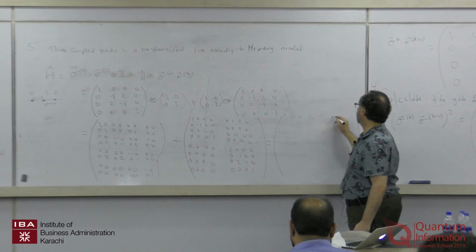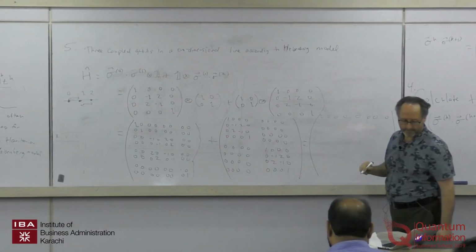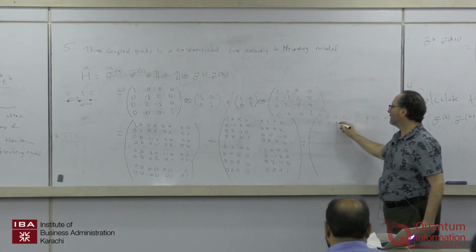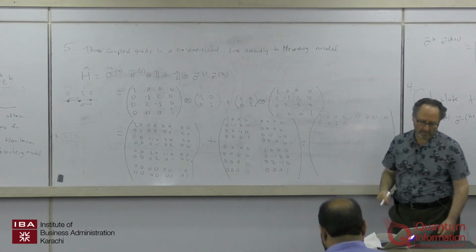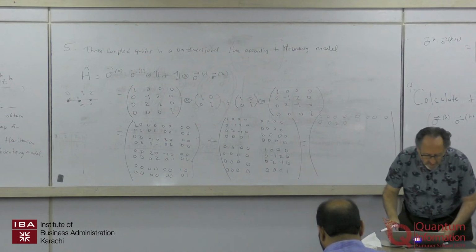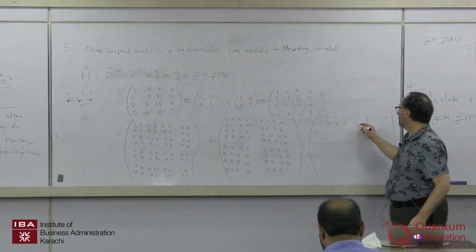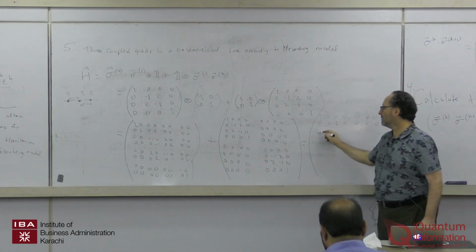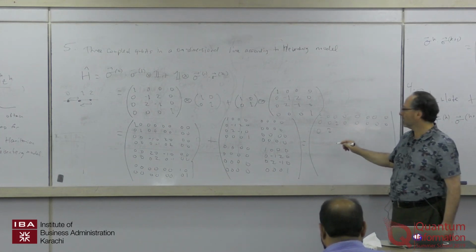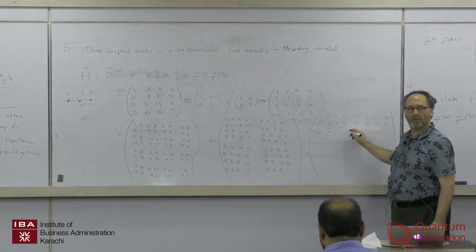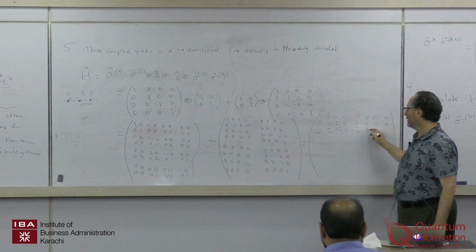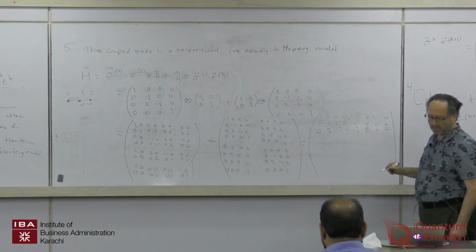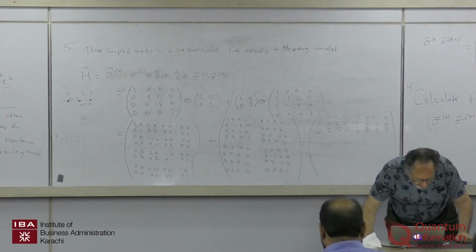Then 0, 0, 2, 0, then 0, 2. Is that right? Yeah, okay.